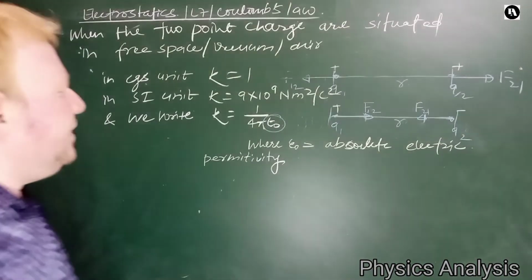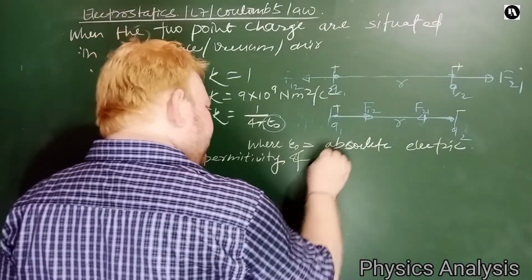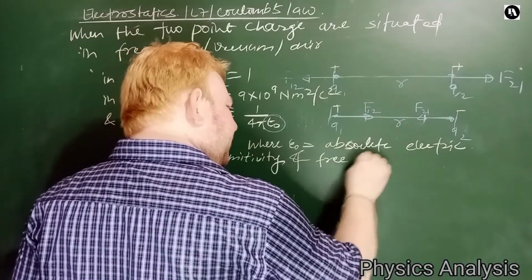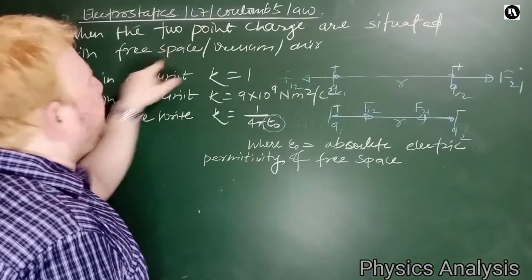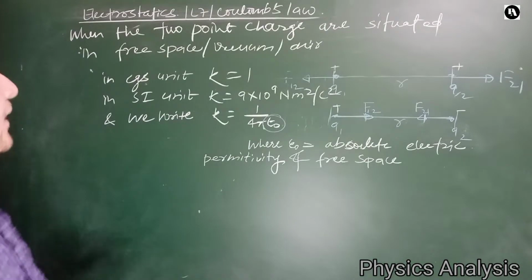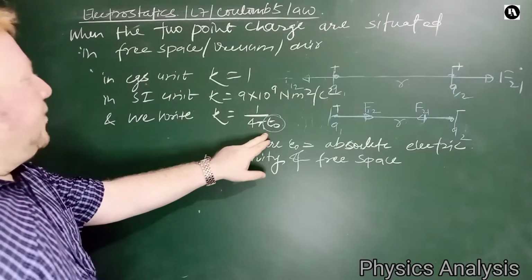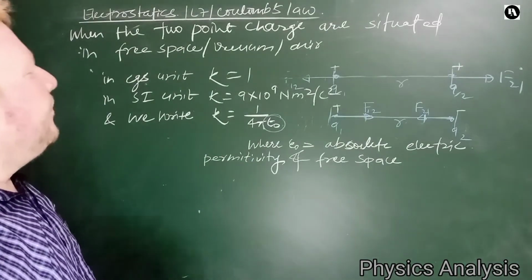Absolute electrical permittivity of free space. Both the point charges are placed in free space now, right?